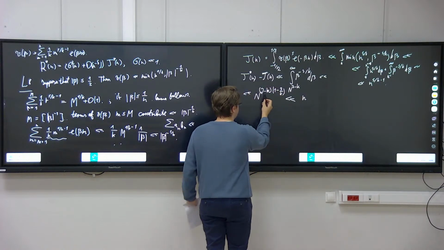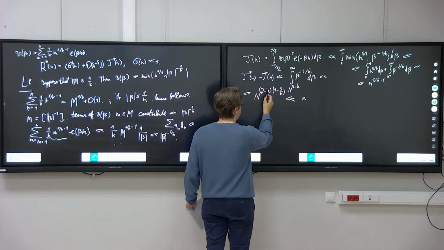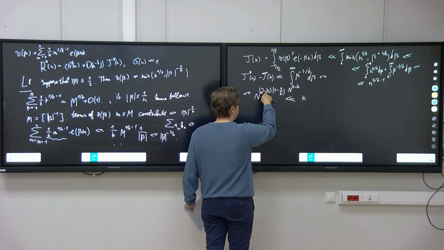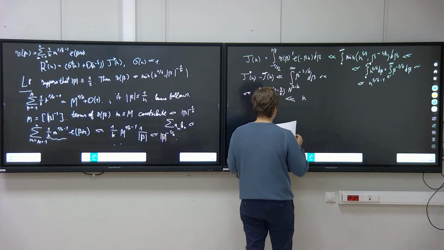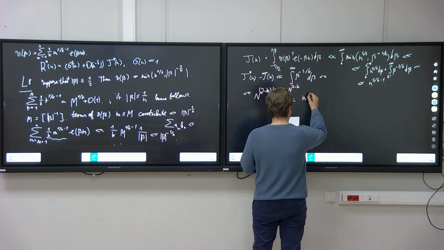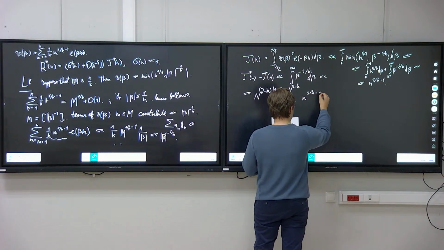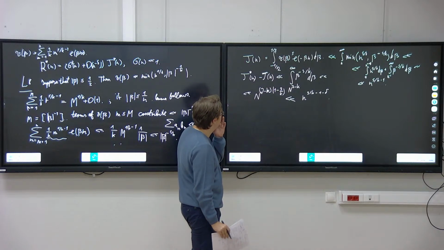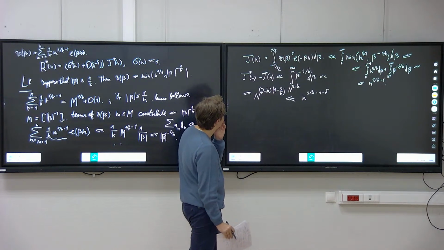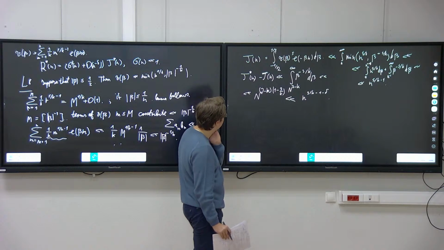Yes, so we divide everything by n to the power k, and this will be minus 1 with some small nu. It will be s over k minus 1 minus some small number. Do you agree? Where did nu go?